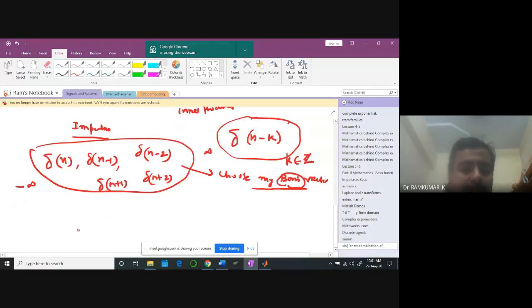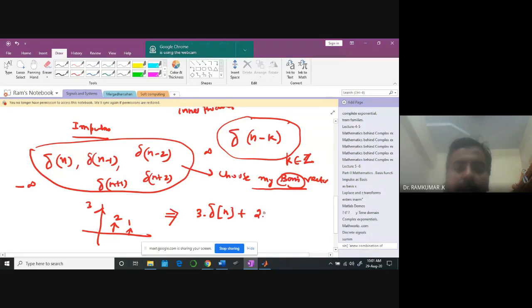For example, I have a signal 3, 2, 1. I can represent this as 3 times delta n plus 2 times delta n minus 1 plus 1 times delta n minus 2. This is the idea I've been trying to convey to you very clearly.